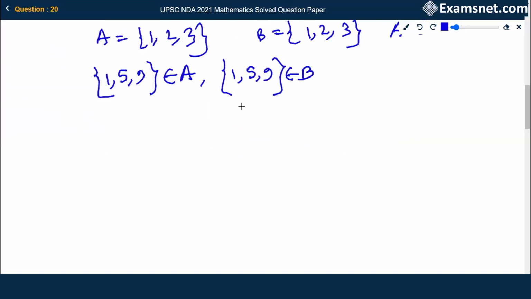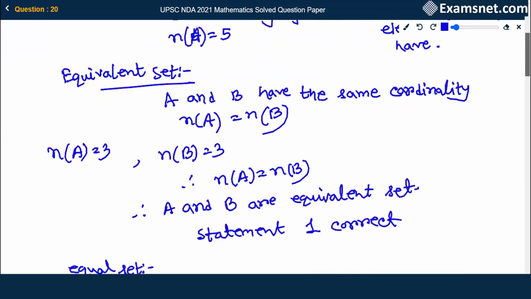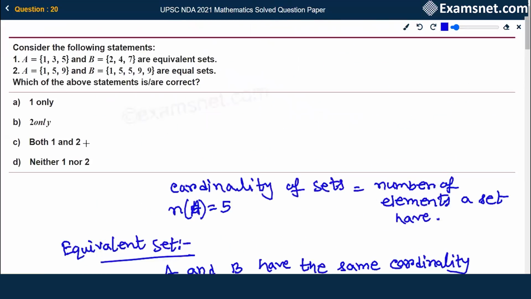So all the elements are the same. That means A equals B. They are equal sets. So statement 2 is also correct. Since statement 1 is correct and statement 2 is correct, we can say that both 1 and 2 are correct. Option C is the correct answer.